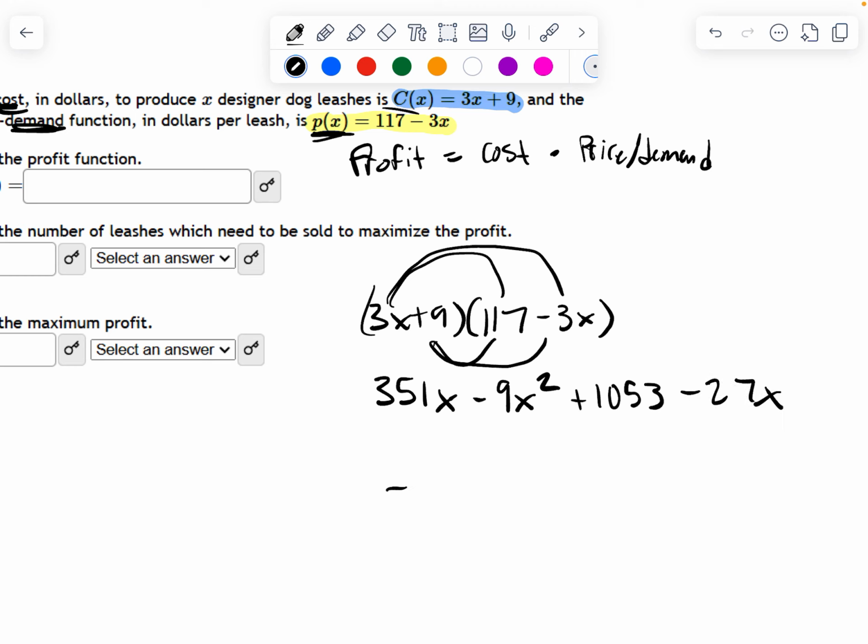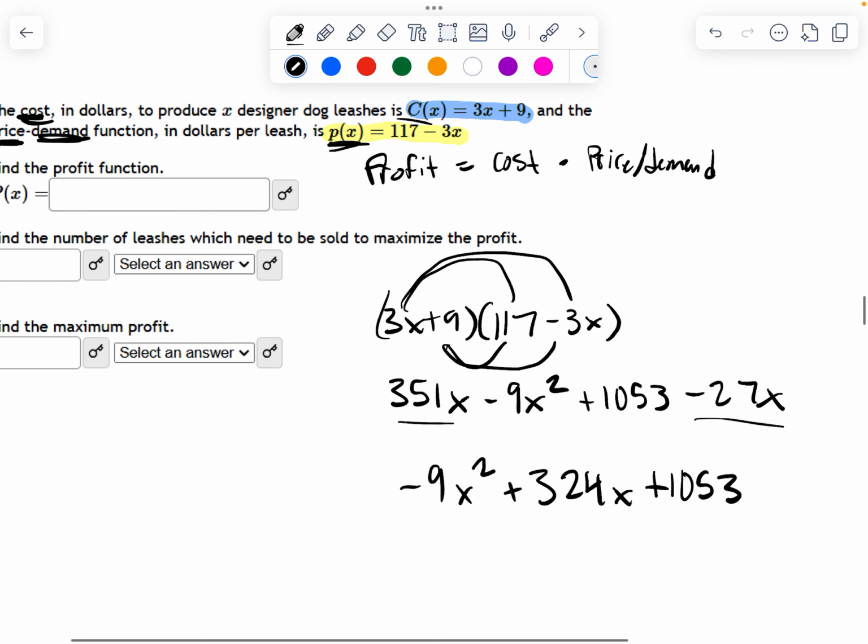Combine the like terms that can be combined: negative 9x squared, and then you have negative 27x and 351x, so 351 minus 27 gives us 324x, plus 1,053. All right, and that is going to be our profit function.